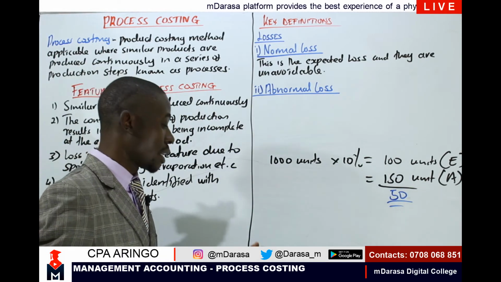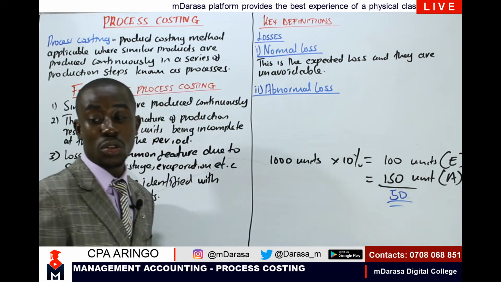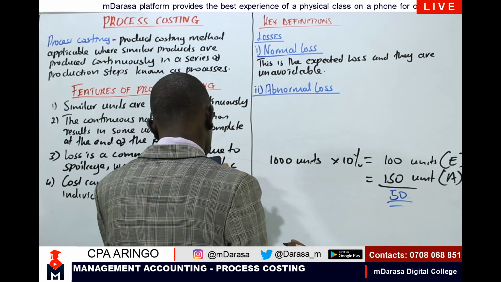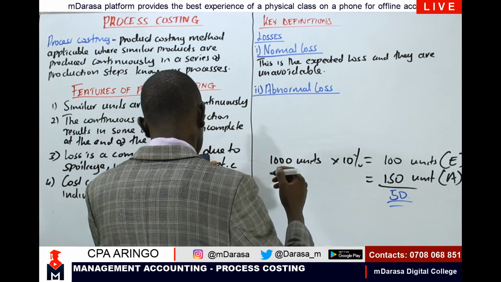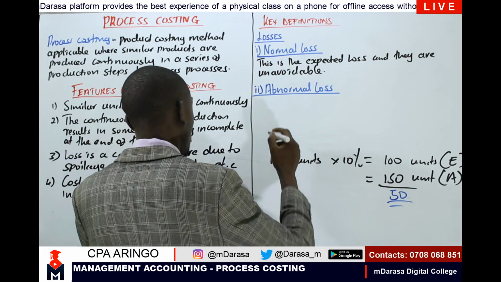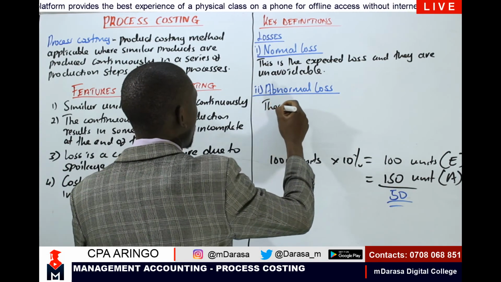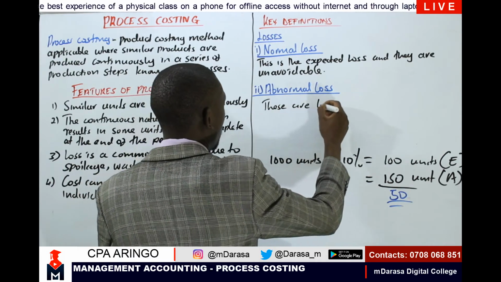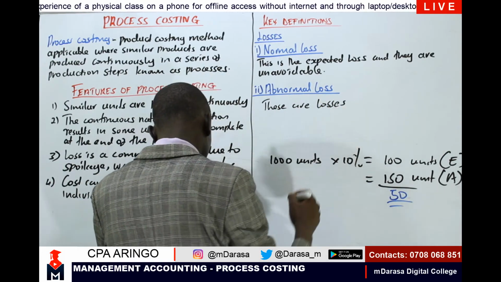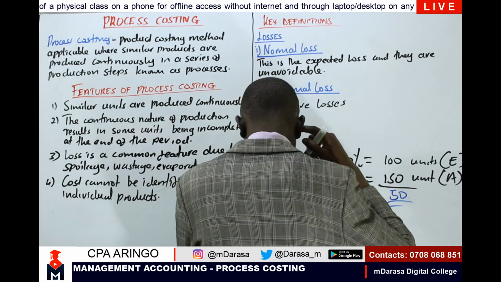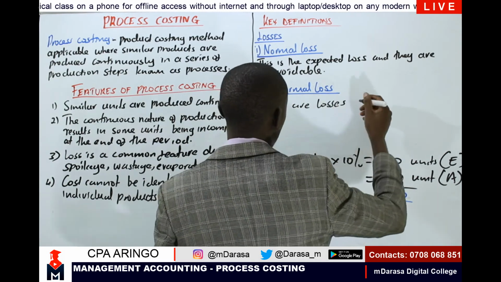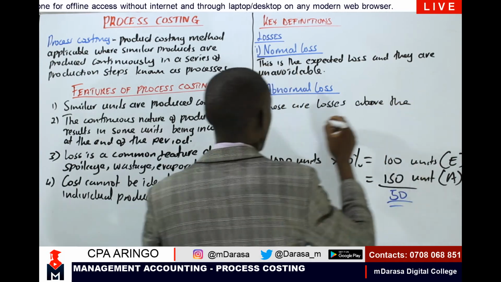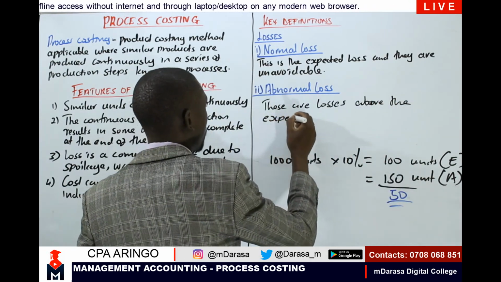So basically, looking at abnormal loss, you can note that abnormal loss refers to extra units lost above the normal loss units. These are losses above the expected losses.